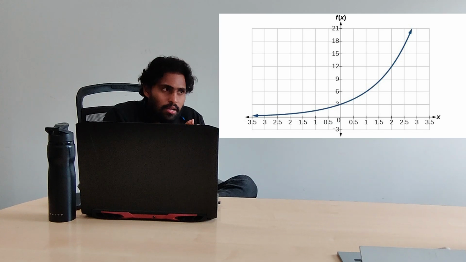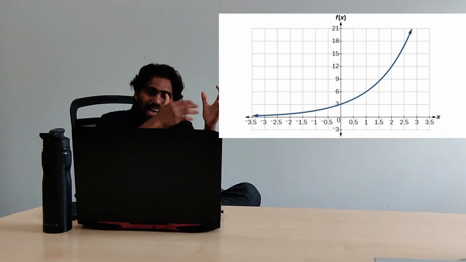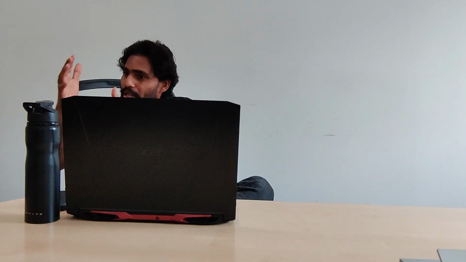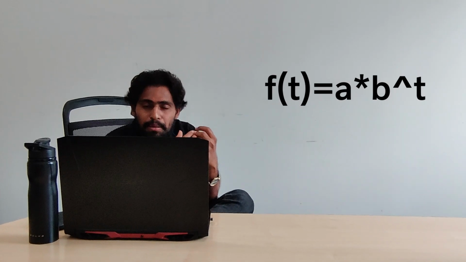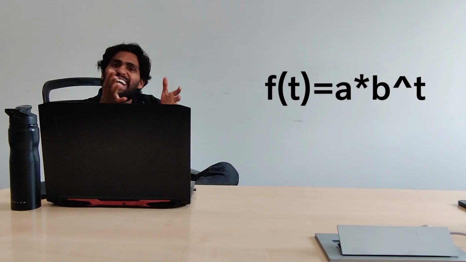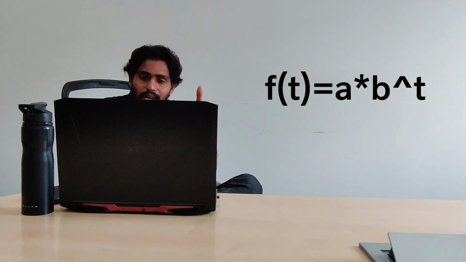The rate can be modeled using an exponential function where the number of infections grows or declines exponentially as time progresses. To capture this exponential growth, we use the formula f(t) = a times b to the power t, where a represents the initial number of infections, b is the growth factor, and t signifies the number of days since the outbreak.